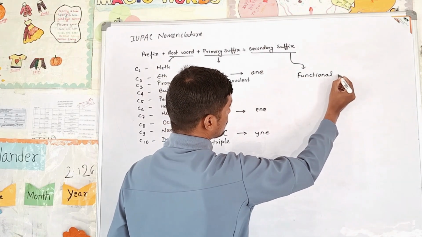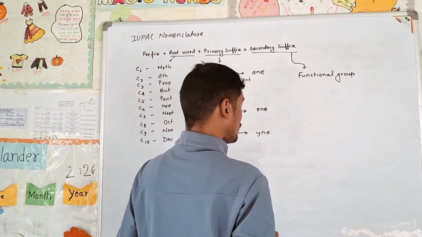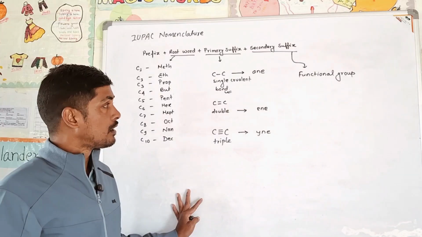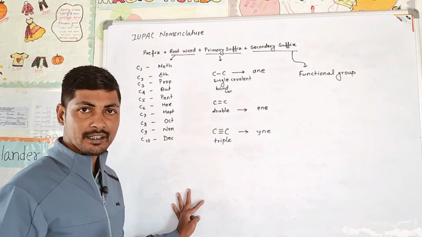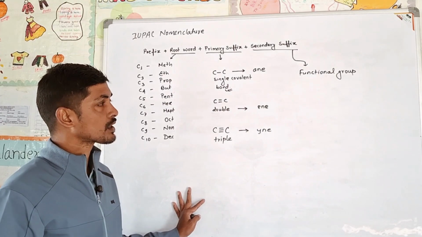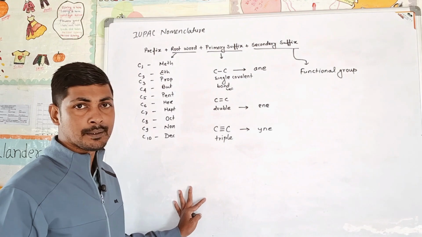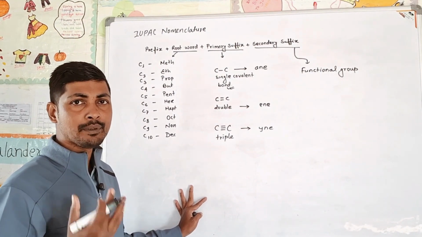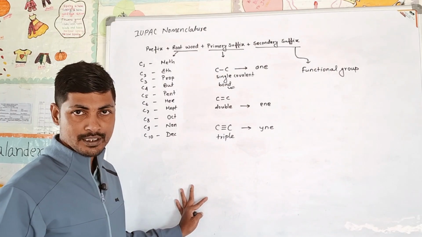A functional group means any atom or group of atoms present in the organic compound that determines the chemical property as well as the physical property of that organic compound. There are many functional groups and every functional group has its own secondary suffix.